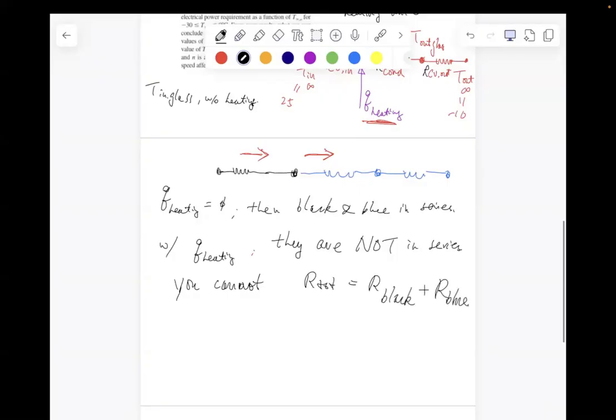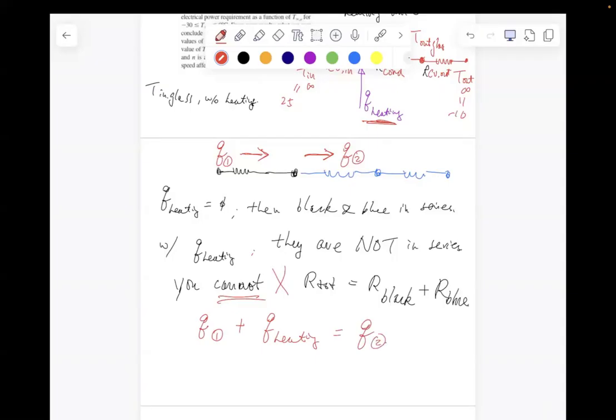You cannot do this anymore, okay? So instead, your equation should be: the Q in the black, I say Q1, and Q2 in the blue, should be Q1 plus Q heating equals Q2. This is your governing equation.